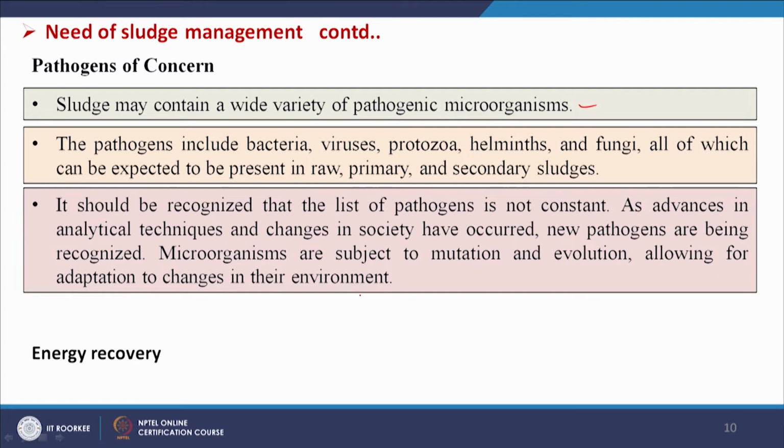So, what is happening if we do not have any proper management of it? These microorganisms which are available in the sludge can enter into the food chain and can be transmitted from plant to animal, and then there will be more health risk. Another is energy recovery.